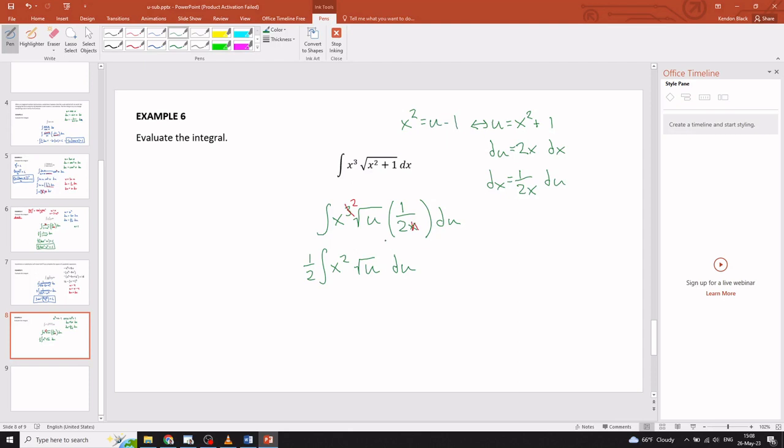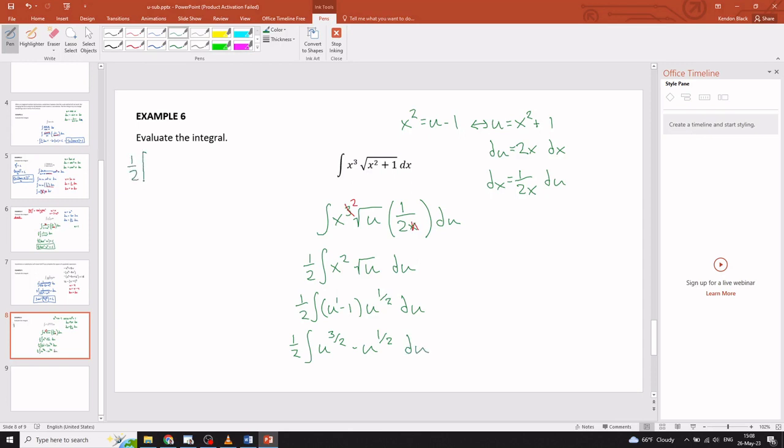So let's go ahead and make that substitution. So now we have 1/2 integral u minus 1. I'm going to say this is u to the 1/2 to make it easier. du. So we have 1/2. Let's go ahead and distribute here. The integral u to the 1 times u to the 1/2 is going to be u to the 3/2 minus u to the 1/2. And now we can simply use the power rule.